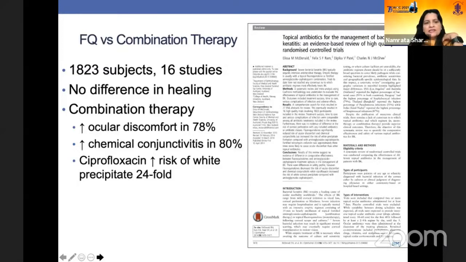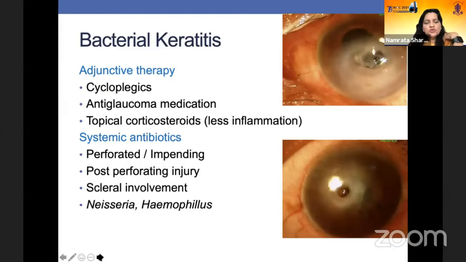This was a meta-analysis, and they found that there was no difference in healing, especially for mild to moderate ulcers. And when they didn't use a combination therapy, there was an increase in ocular discomfort, chemical conjunctivitis, and white precipitate of ciprofloxacin. So for mild to moderate corneal ulcers, one can use a fluoroquinolone, but for severe ulcers, one has to use combination therapy.